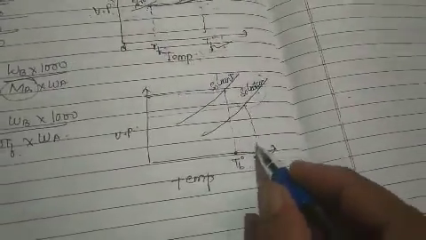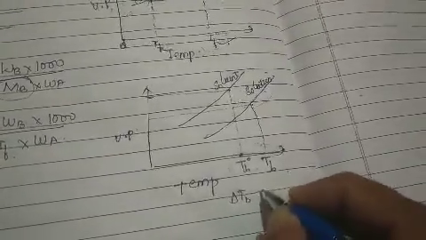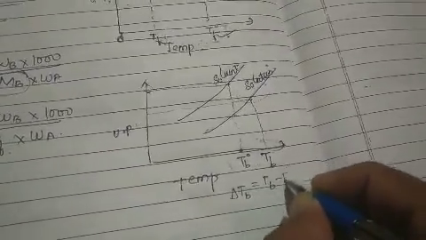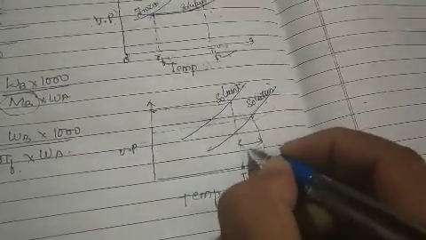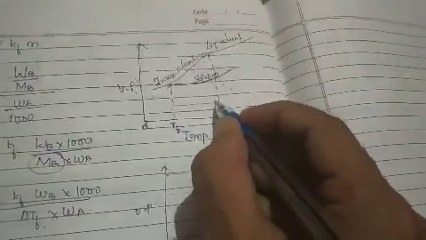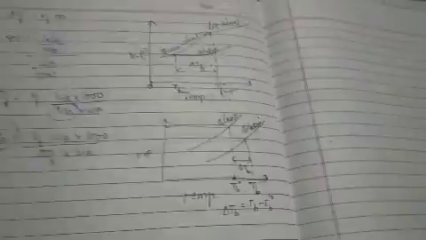So it is called elevation in the boiling point, and that is the reason we say delta TB is TB minus TB naught. Whatever the difference here is called delta TB. And this difference is called delta TF. So from the experimental part, we are giving you the theoretical part.